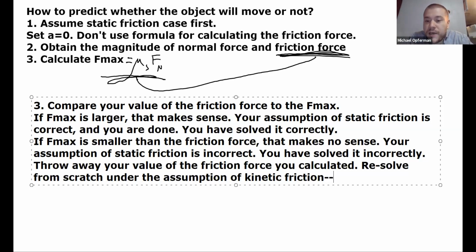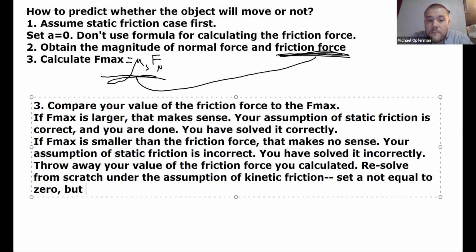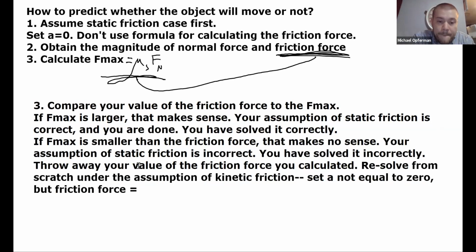But what you'll need to do is: a is not going to be equal to 0, but the friction force equals mu k times Fn. So you're gaining one variable by having to put the acceleration in, but you're also losing one variable because you're able to plug in for the friction force, and it'll still be a solvable problem.